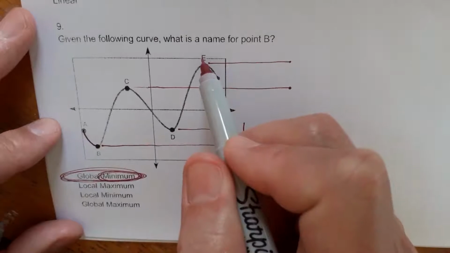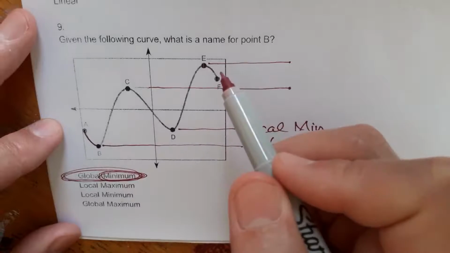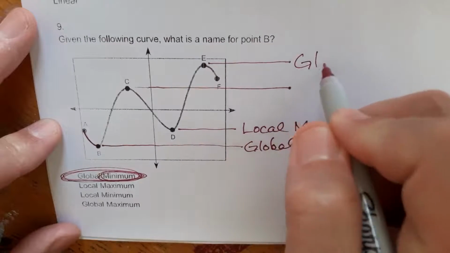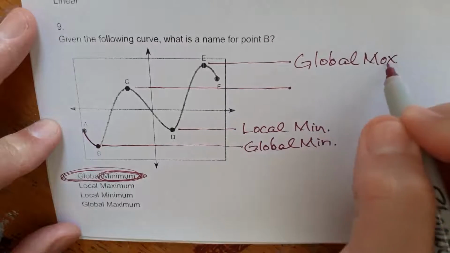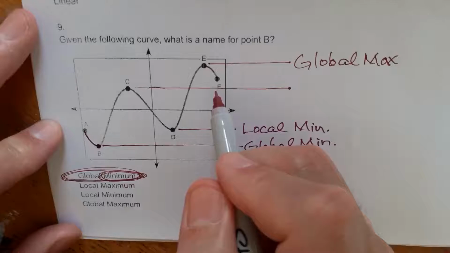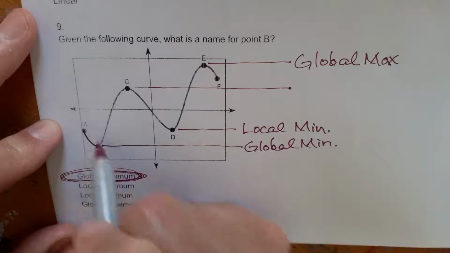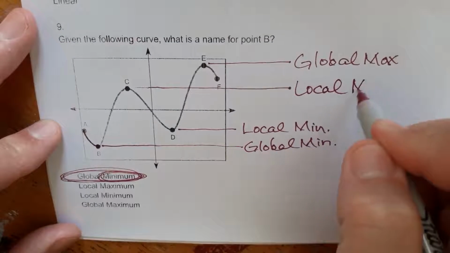Now we need the greatest height, or the biggest max, or the highest high, right? I'm not sure how I can say that different ways. But this is going to be a global max. And then you need another max that is somewhere else in here. So this is going to be a local max because compared to these, it's a maximum. Local max.